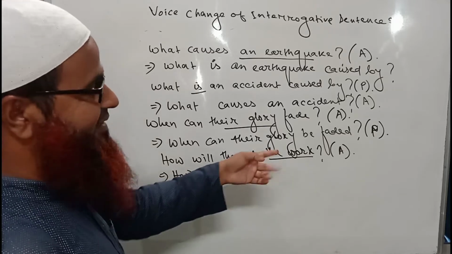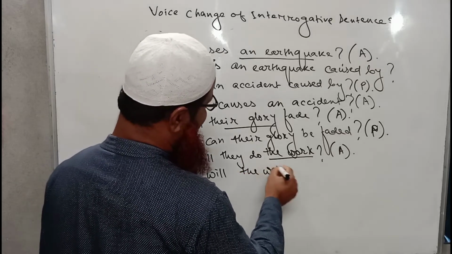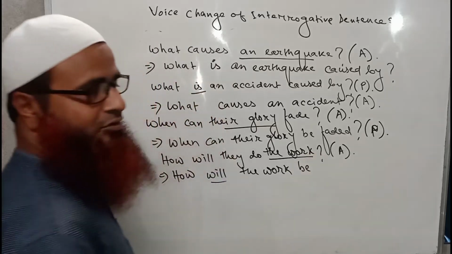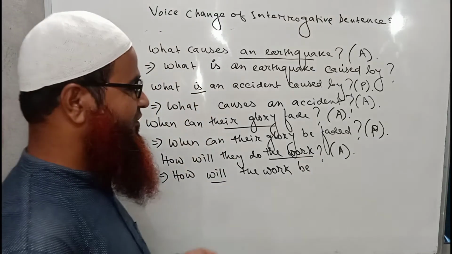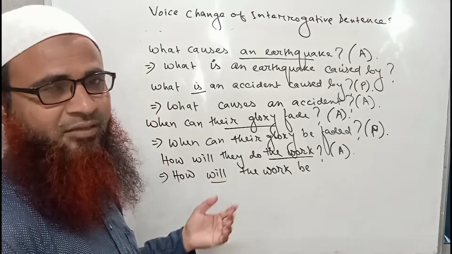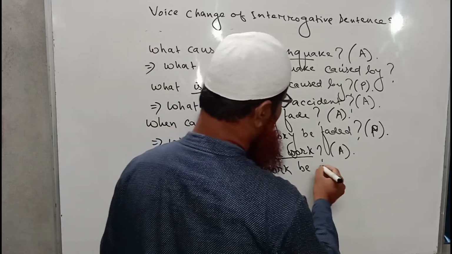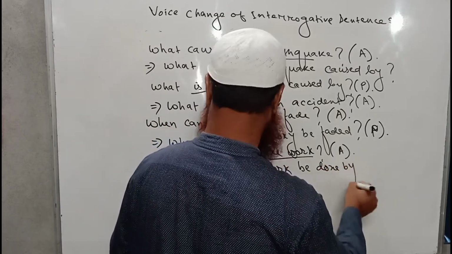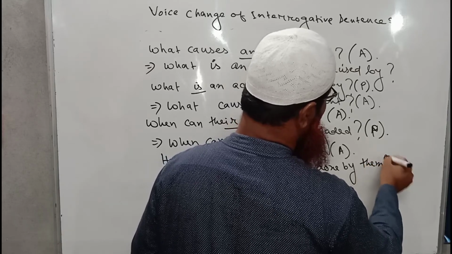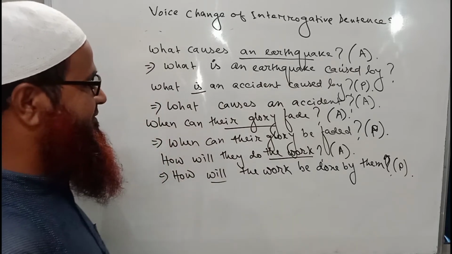It will come before the subject. So how will the work? As there is will, be will come here. You already know it because we have learnt this rule very early. How will the work be done by them? So this will be the passive form of how will they do the work.